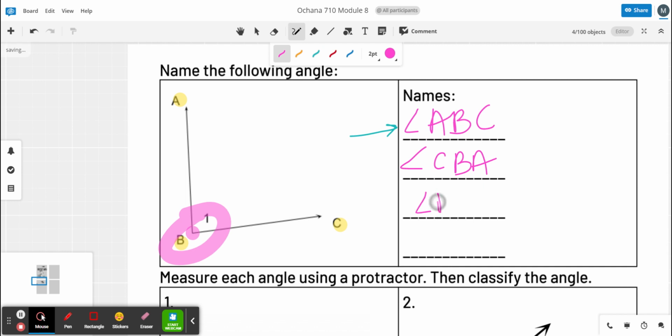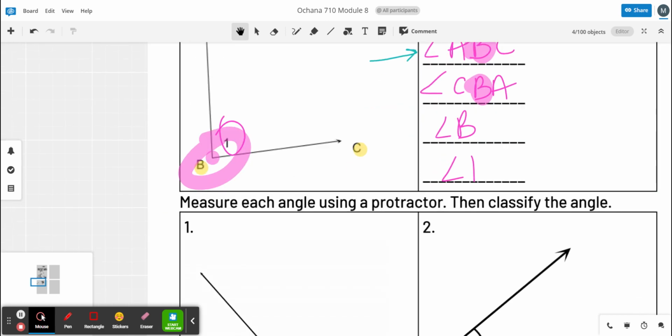We could call it just angle B, or we can call it angle 1 because there's a little 1 on the inner corner of B there. Okay, so there's 4 different ways that we could name this angle. And notice how I put point B in the middle of both of the angle names that had 3 letters in the angle name.